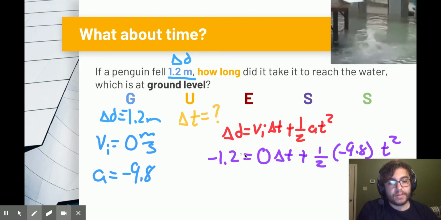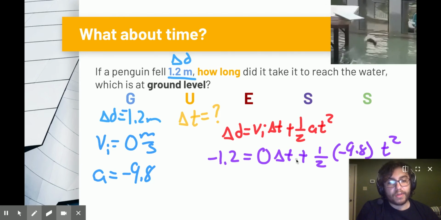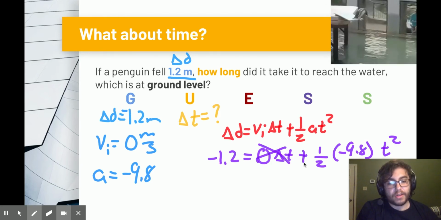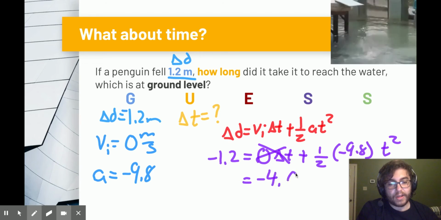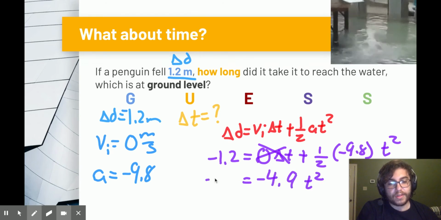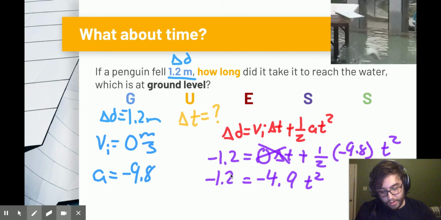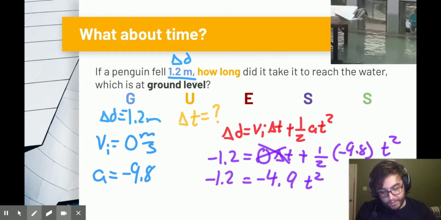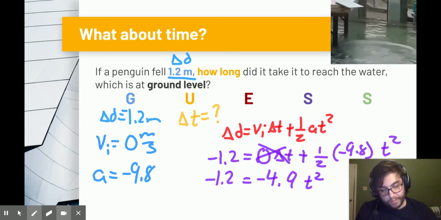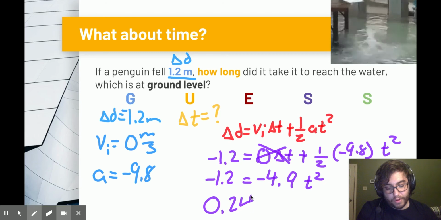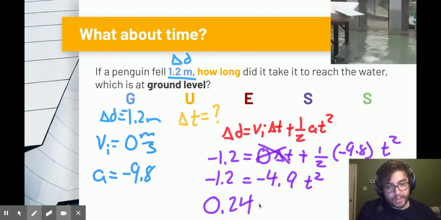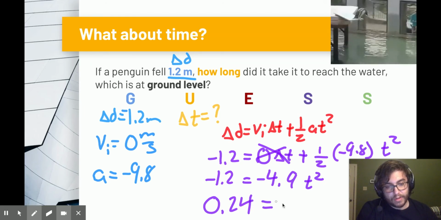All right. 0 times anything is 0, so that can be eliminated. 1/2 times negative 9.8 is negative 4.9 times t squared is equal to negative 1.2. So if we divide 1.2 by 4.9, both negative, we get 0.24 is equal to t squared.